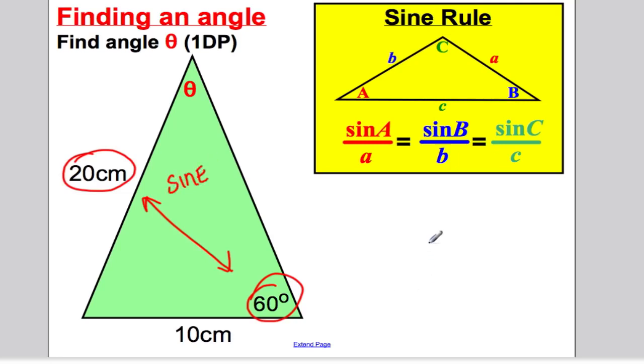Okay, so we're going to use the sine rule. Now label the angle you're trying to find capital A. Then the side opposite is little a, and then the other two, well, this angle must be capital B and this must be little b. Okay, substituting in, we just care about this part really. This is in the formula booklet.